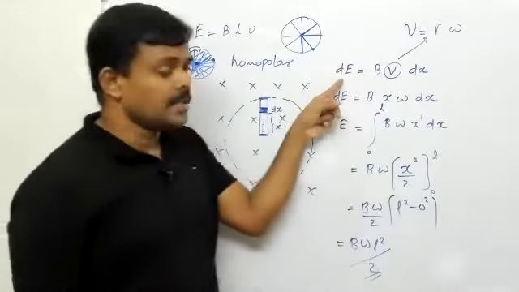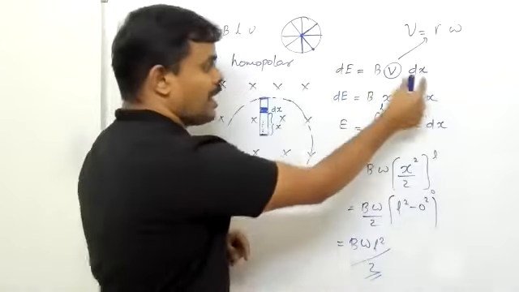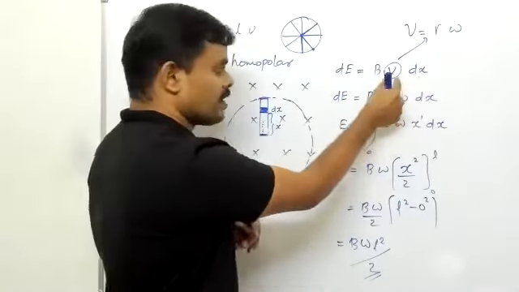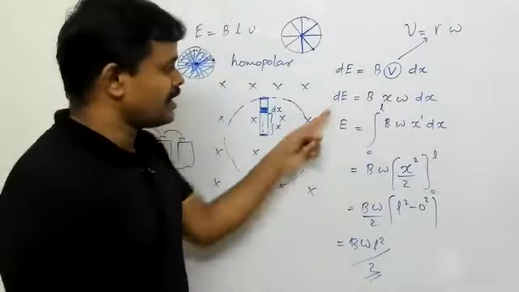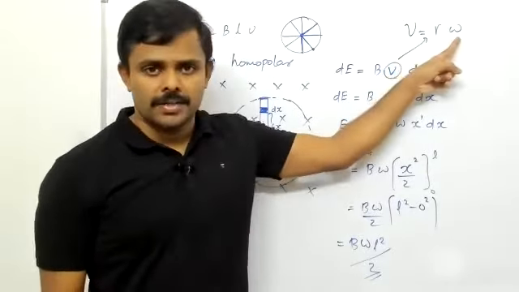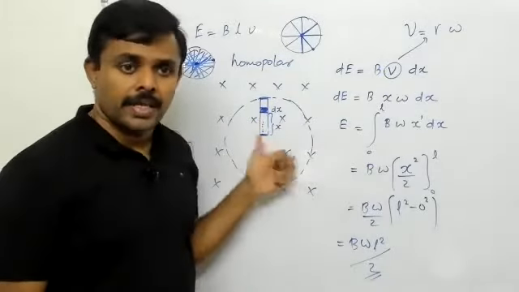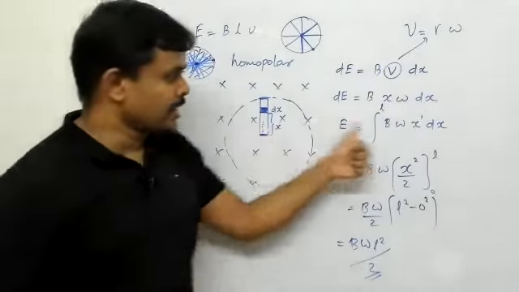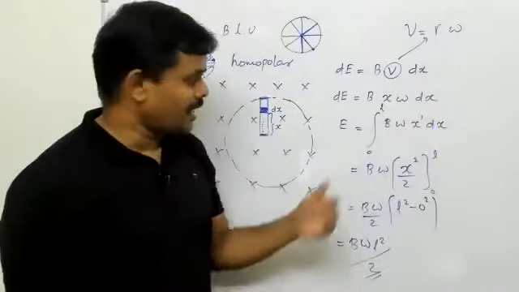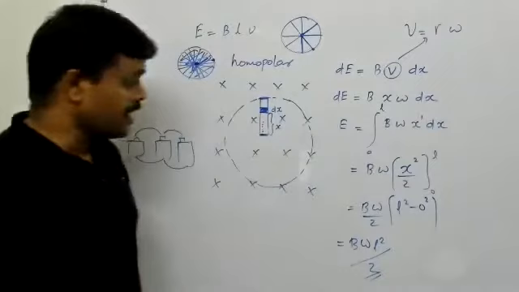What is EMF? EMF is given by BLV. So B into length dx into velocity v. And then dE is equal to B into velocity, which is r omega. Here r is x because you consider the element at a distance of x from the fixed end. So x omega into dx, rearranged as B omega into x raised to 1 into dx. And where am I integrating it from?